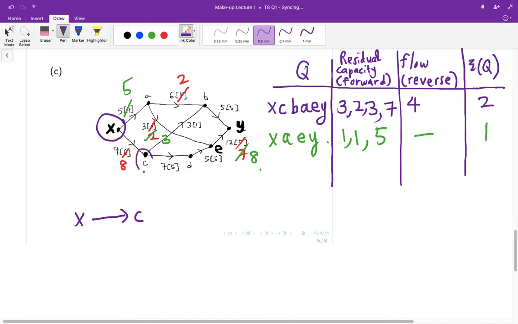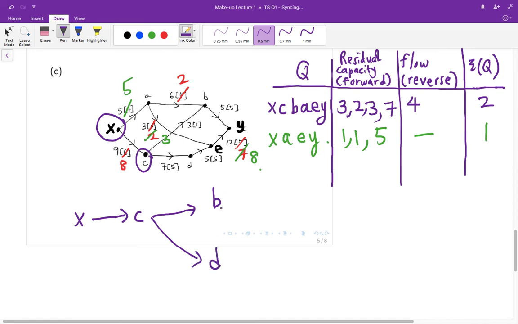From C, we can either go to B or to D, since these two arcs are not yet saturated as forward arcs. These are the two possible branches.